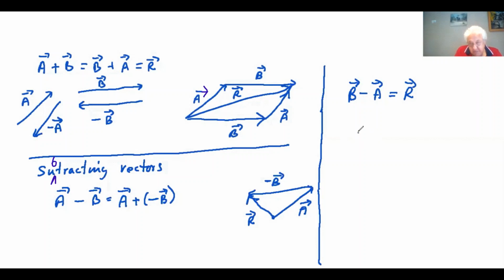So if I take B, minus A is now down this way.